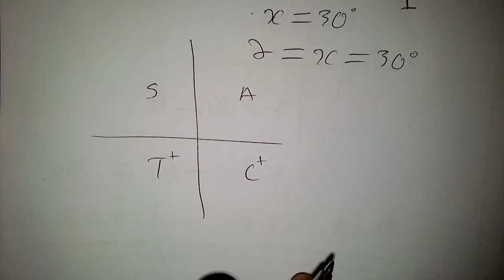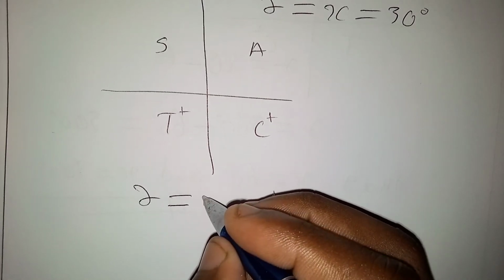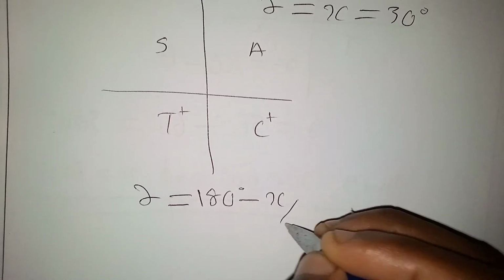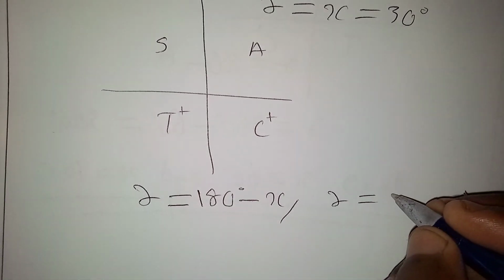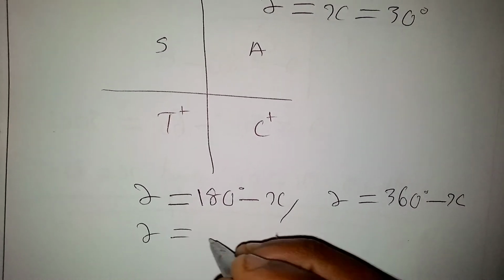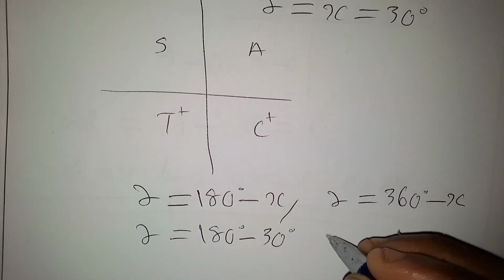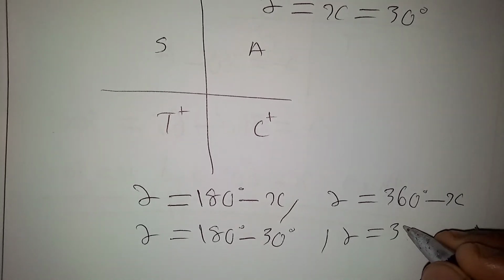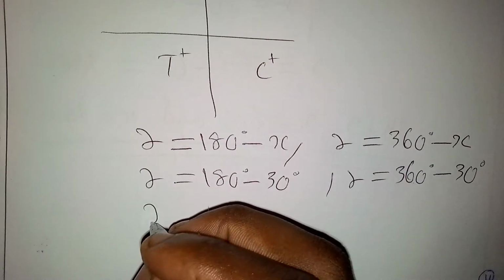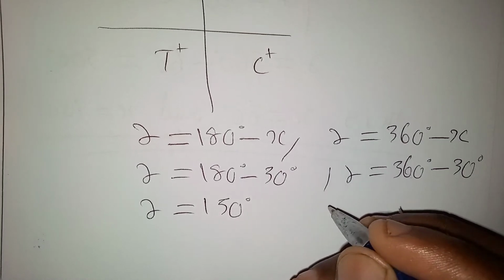In the 3rd quadrant we have alpha equal to 180 degrees minus x, and in the 4th quadrant 360 degrees minus x. So our alpha will be equal to 180 degrees minus 30 degrees, and alpha is equal to 360 degrees minus 30 degrees. So our alpha is equal to 150 degrees.